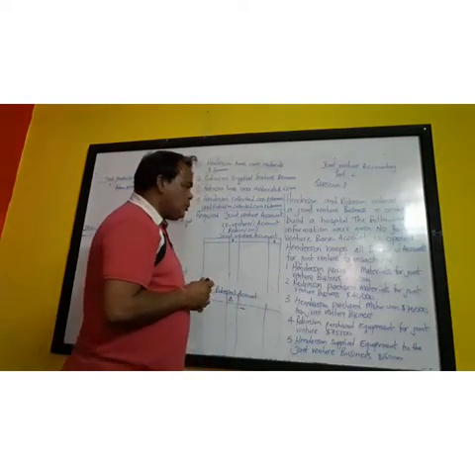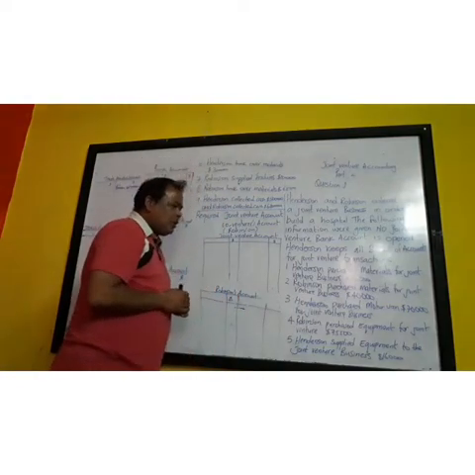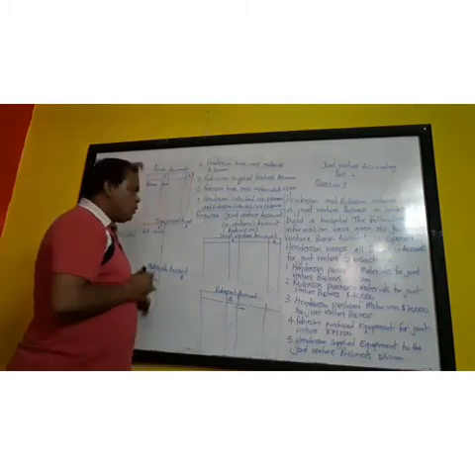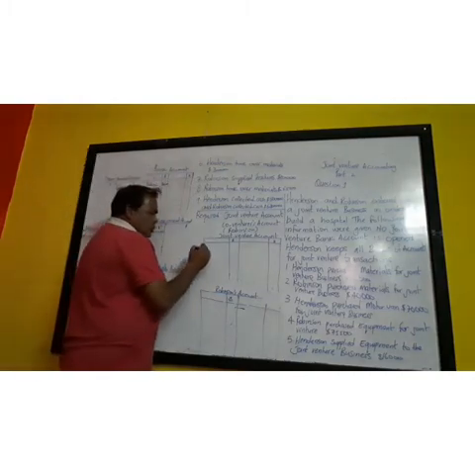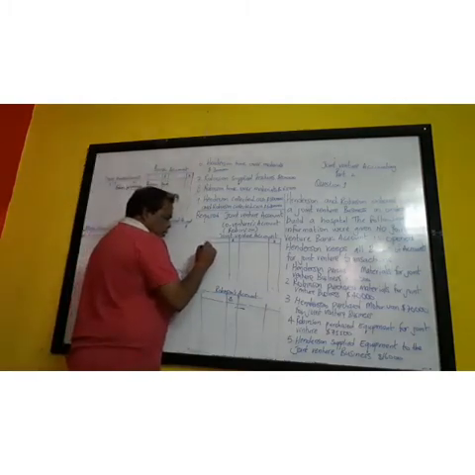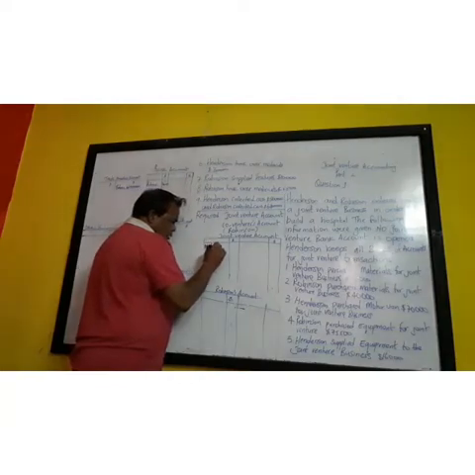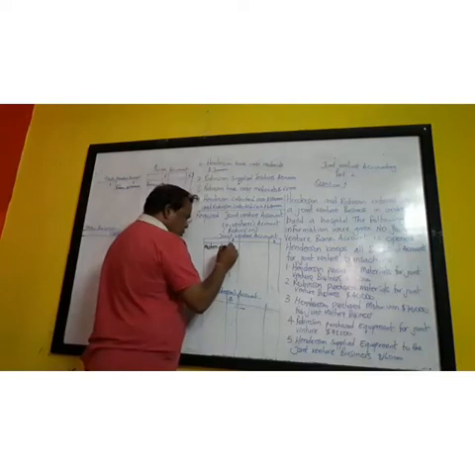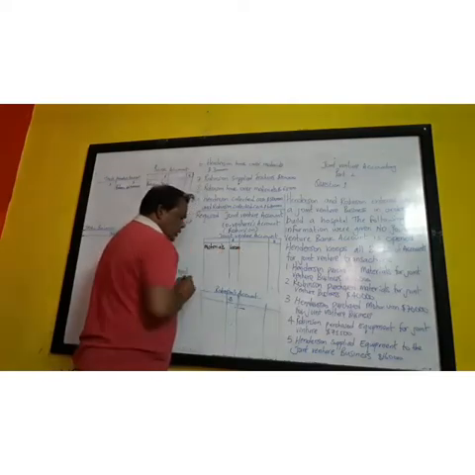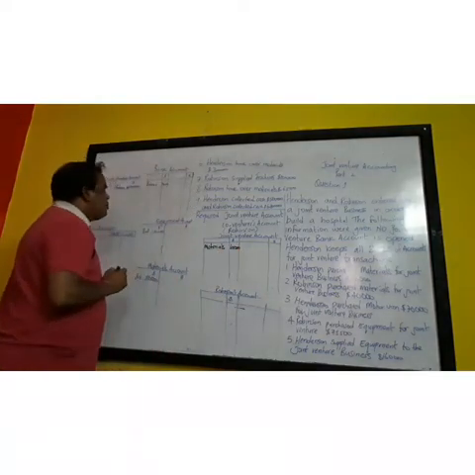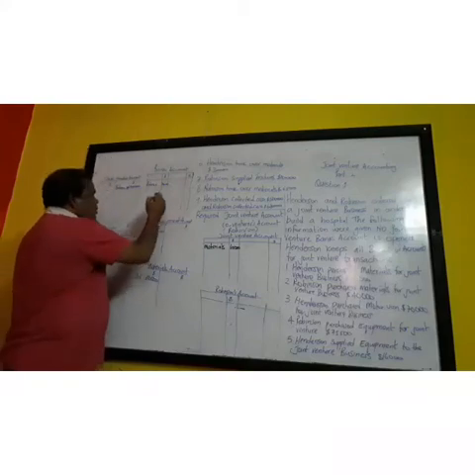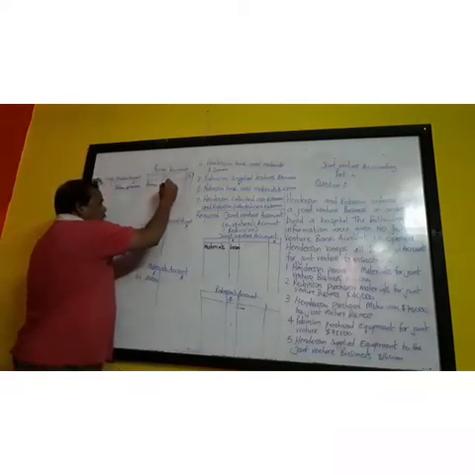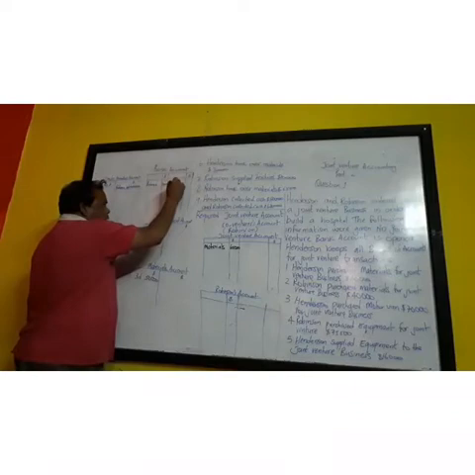So Anderson is purchasing materials for joint venture business, therefore we have to debit in joint venture account materials 60,000. Then we have to credit the bank account of Anderson. So on the credit side of the bank account, we write down materials $60,000.